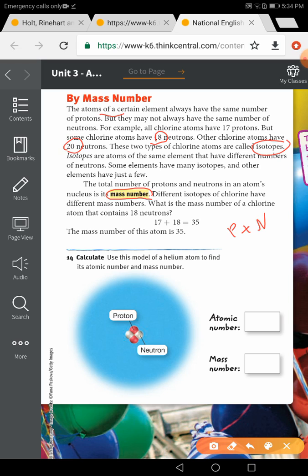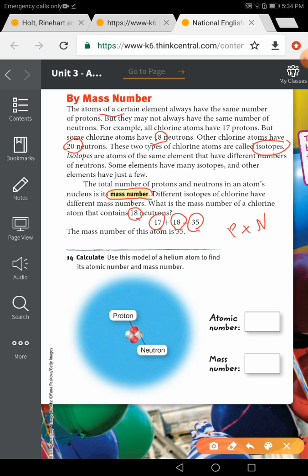Different isotopes of chlorine have different mass numbers. What is the mass number of a chlorine atom that contains 18 neutrons? Let's see here: 17 protons plus 18 neutrons equals 35, and it doesn't have any unit. It's a mass number only, right? Okay.